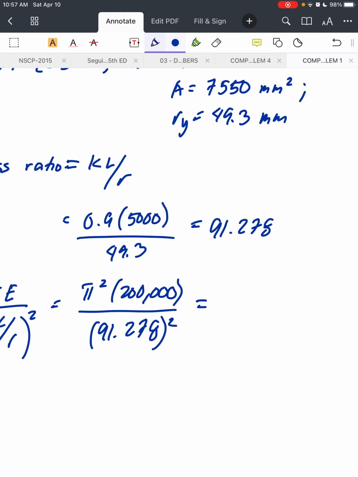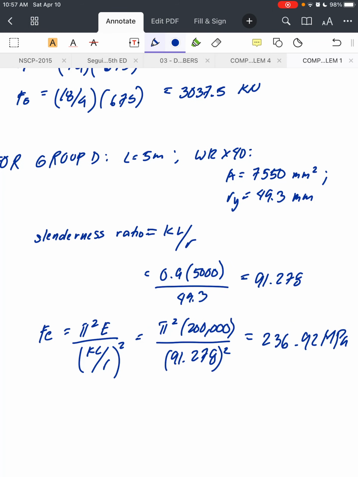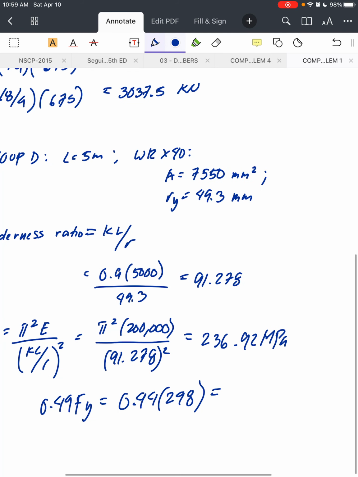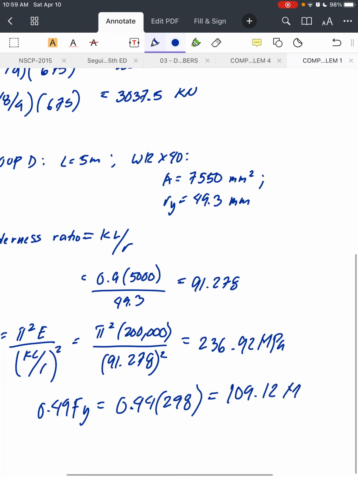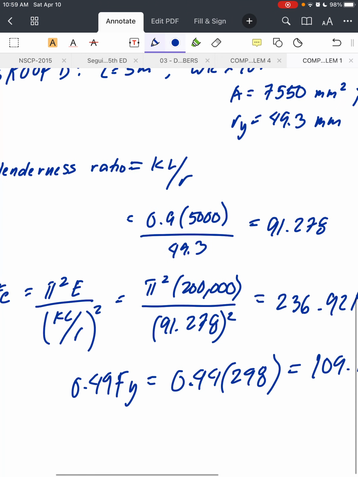So that should be equal to 236.92 MPa. But still, we should be comparing this to the value of 0.44 Fy. So you have 0.44 times 248, which is equal to 109.12 MPa. So this means that your Fe is greater than 0.44 Fy.